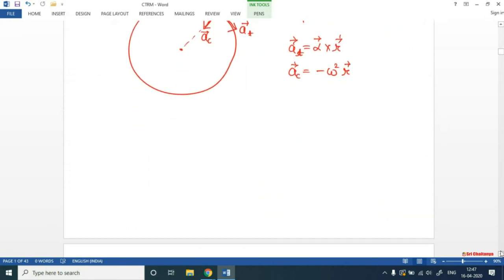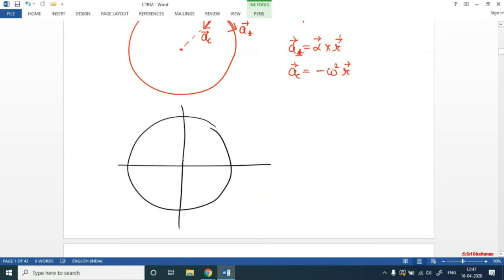Let's take one simple example. Again that round body we are taking, and it has acceleration A naught, and alpha is, say, A naught by R, and there is some omega also. So if we try to find out the acceleration of this point, due to translation it is going to have acceleration A naught.